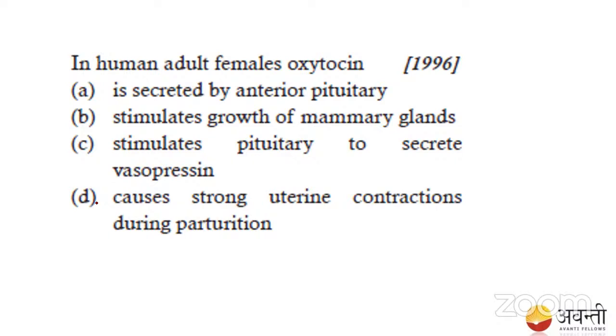Option 2 stimulates growth of mammary glands. Option 3 stimulates pituitary to secrete vasopressin. Option 4 causes strong uterine contraction during parturition. It's already a pre-reading question, and you can easily answer because you have already attended the previous classes. So I'm launching the MCQ poll.